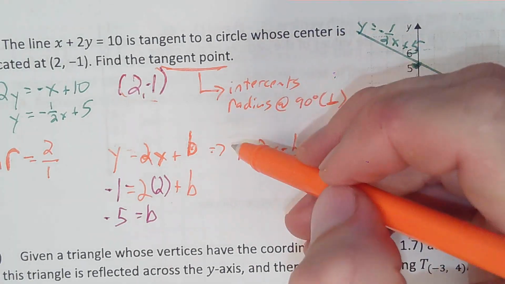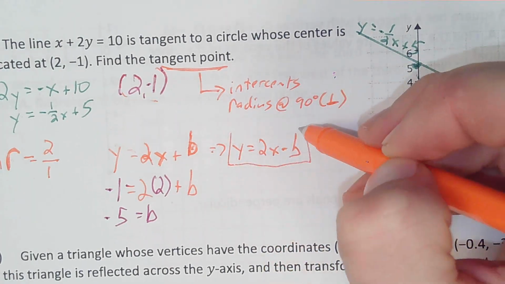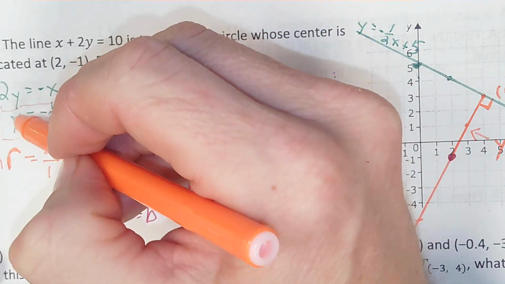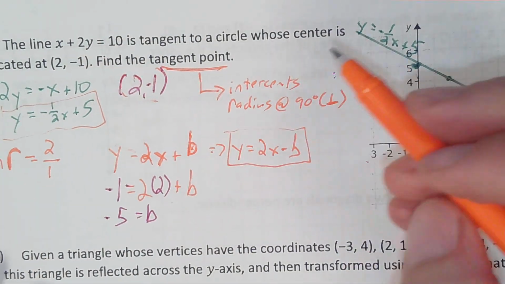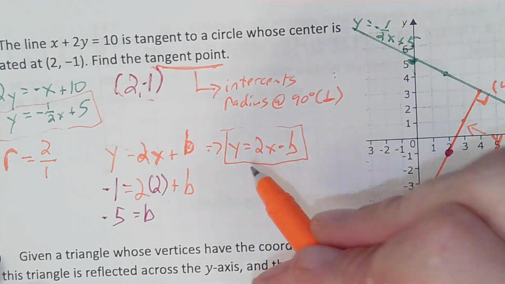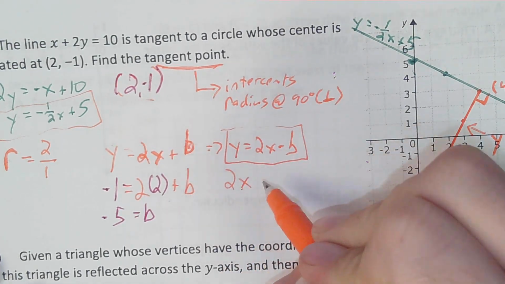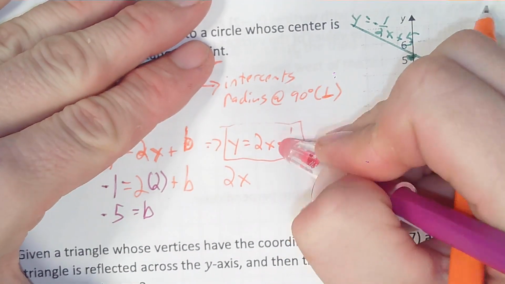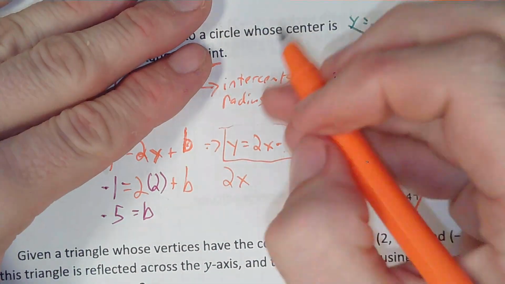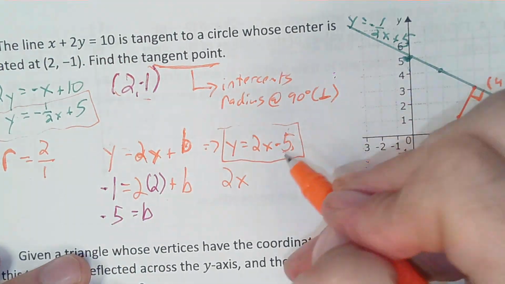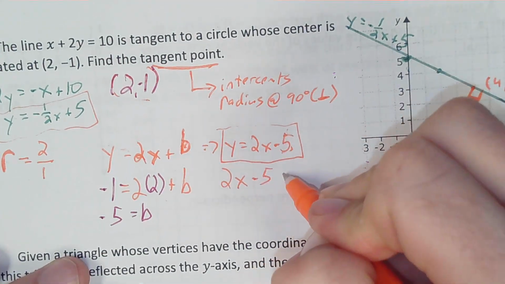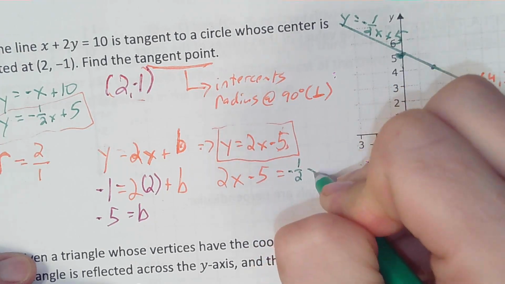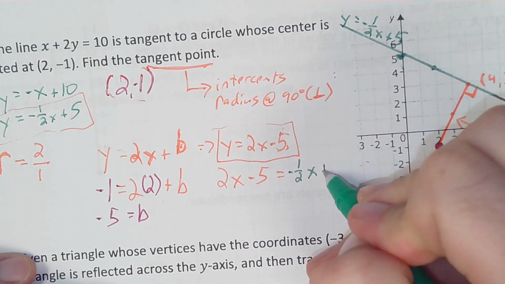Well, I have to make this equation match this equation at the y. So let's set 2x minus 5 equals negative 1/2 x plus 5.